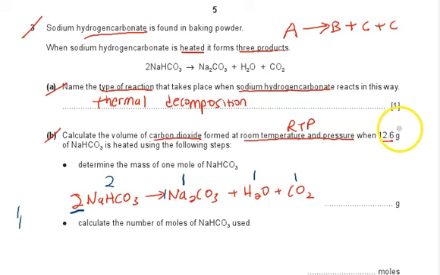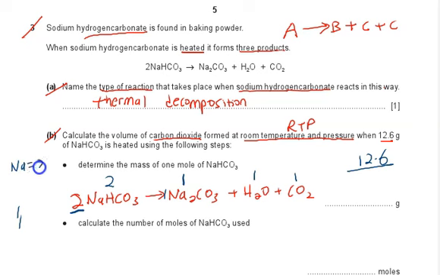Now, 12.6 gram of sodium hydrogen carbonate. To go from mass to mole, we have to divide by RMM.